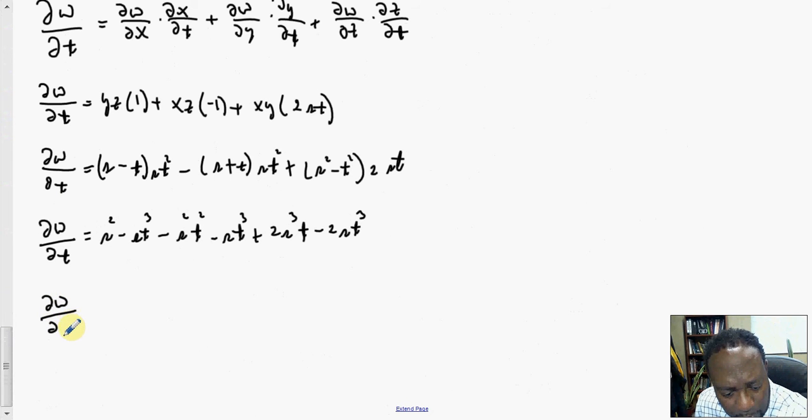The partial of w with respect to t. Let's see what we have. We have that s squared t squared should have been, and this is s t to the third, s squared t squared.